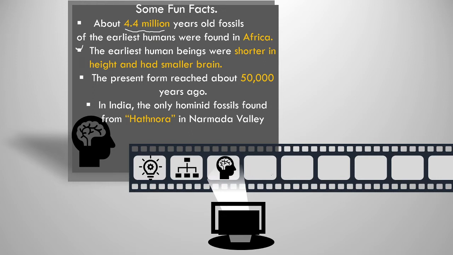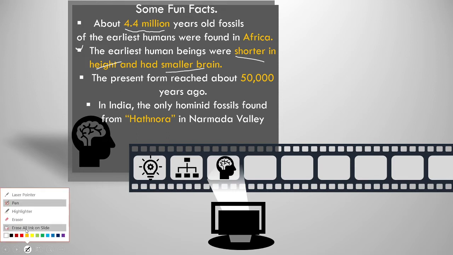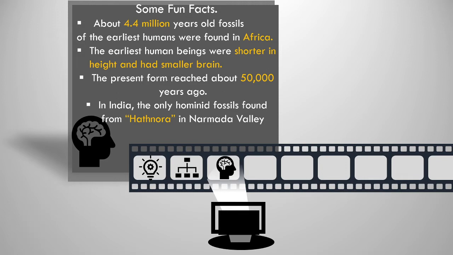Because we humans were the modified version of apes, right? So Homo sapiens, or our ancestors, were shorter in height and had a smaller brain. Okay? Great. Now, the present form was reached about 50,000 years ago. My god, that's a really long period, right?